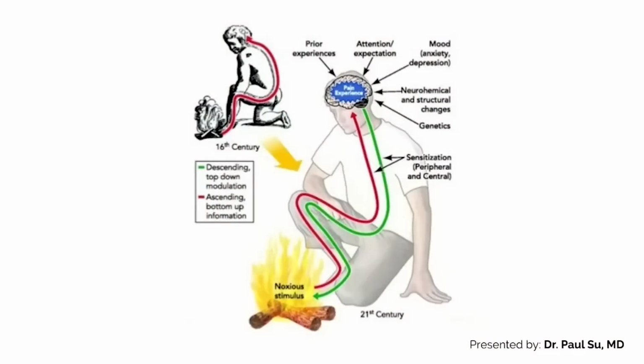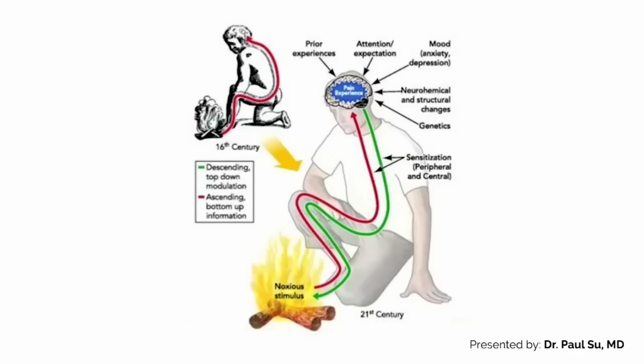So moving beyond the 16th century into the 21st century, our understanding of the pain circuitry has evolved to include not just the nerves that carry the sensation up to the brain, but we now have a better understanding of how the pain is processed in the brain.